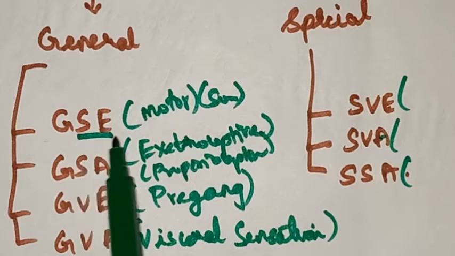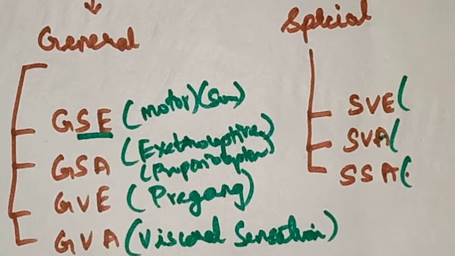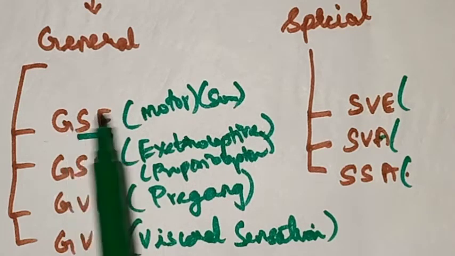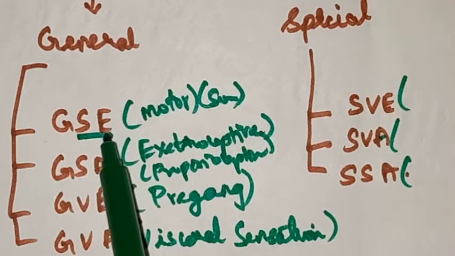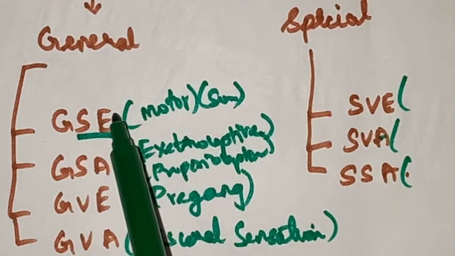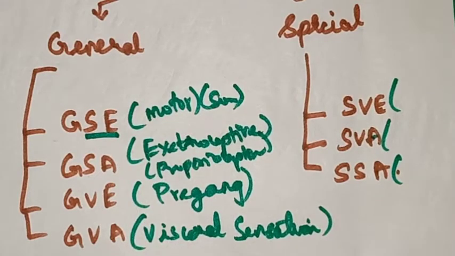Let's focus on the last 2 letters, somatic and efferent. This is a component of a cranial nucleus which is an efferent component. We have learned efferent is motor, of a structure which is somatic in origin. So the GSE component is present for motor supply of muscles of somatic origin.